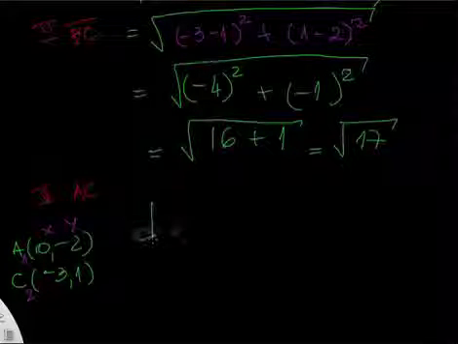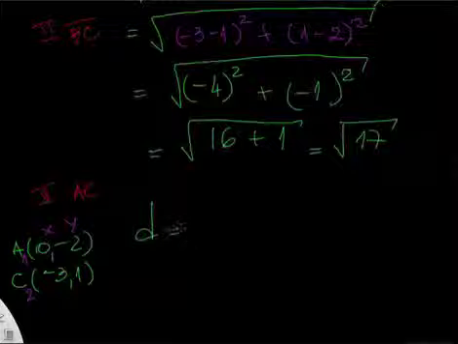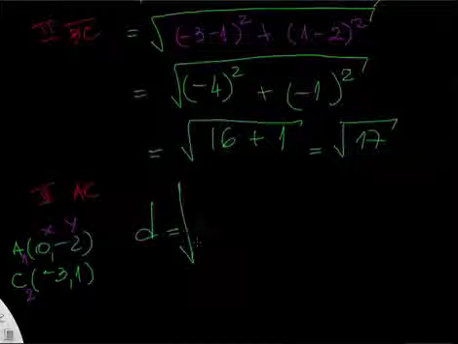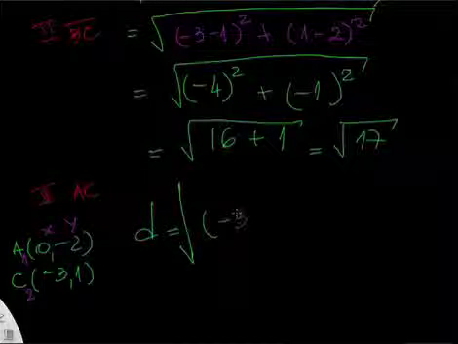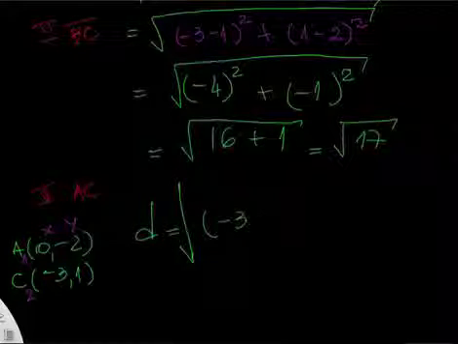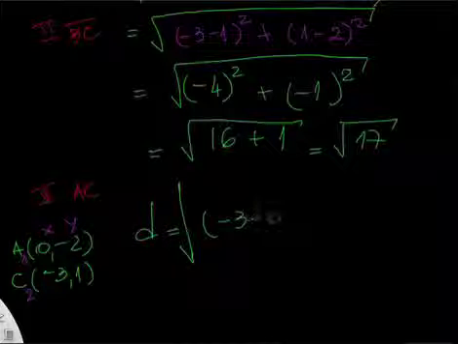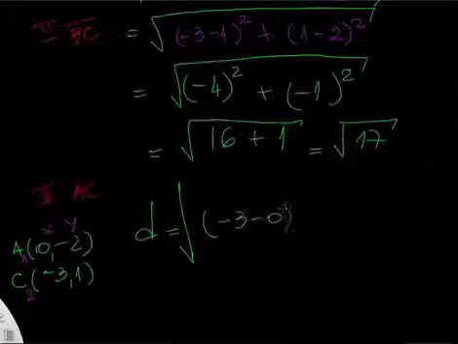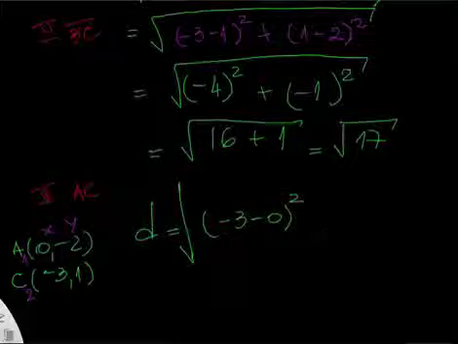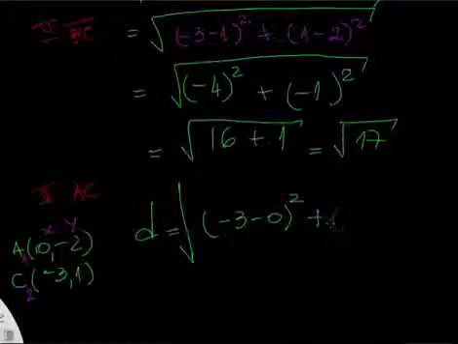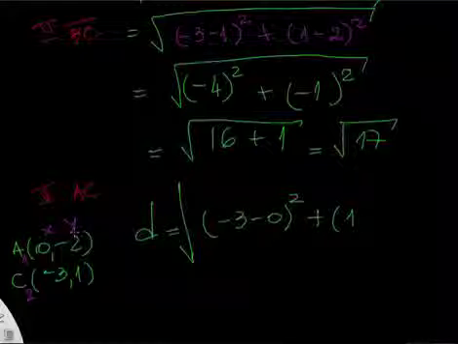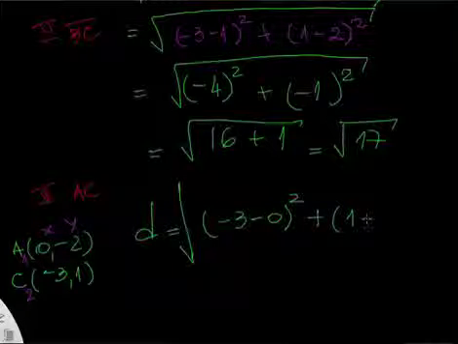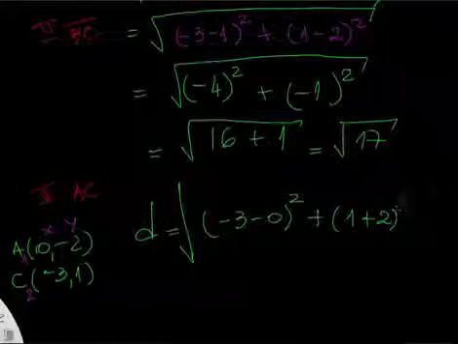D is the distance I'm looking for. My square root sign, x2 negative 3 minus x1 0. Fantastic. Should I write minus 0? I don't need to, but this time I will. Plus y2, that is 1, minus y1. Minus minus, we say that is positive 2. Fantastic.